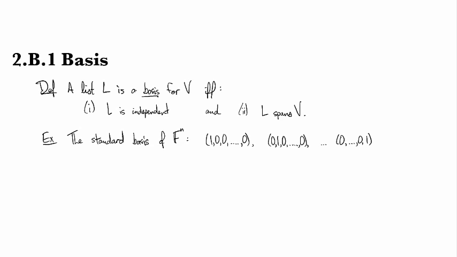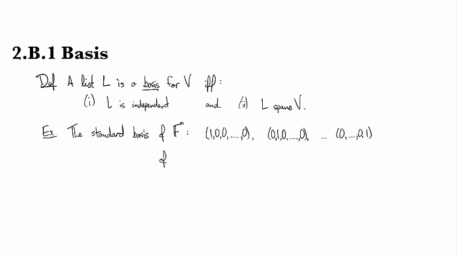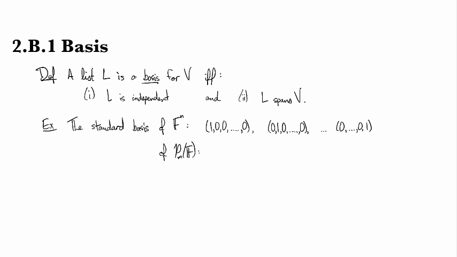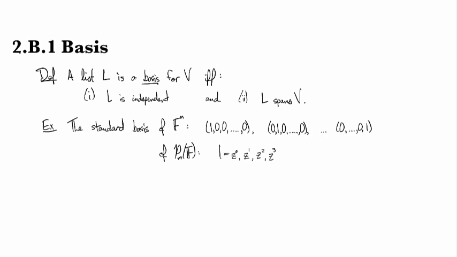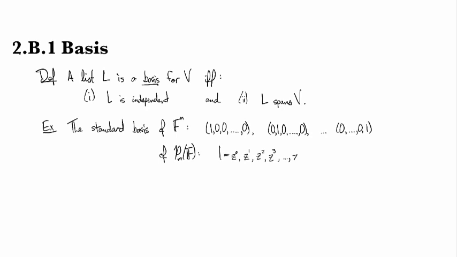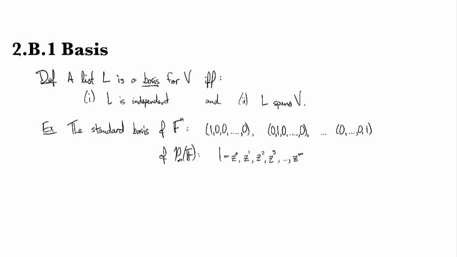So that's the standard basis of Fn. The standard basis of the polynomials of degree m is just the monomials. So 1, which is the same thing as z to the 0, z, z squared, z cubed, etc., up until the last one, z to the m.